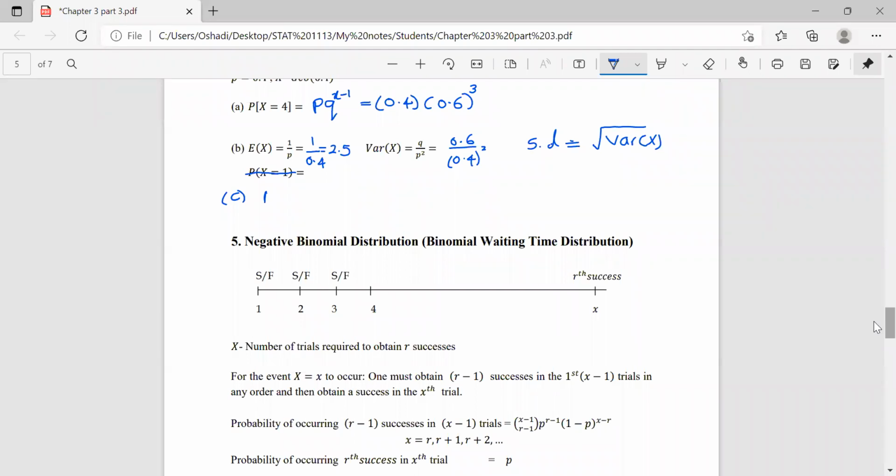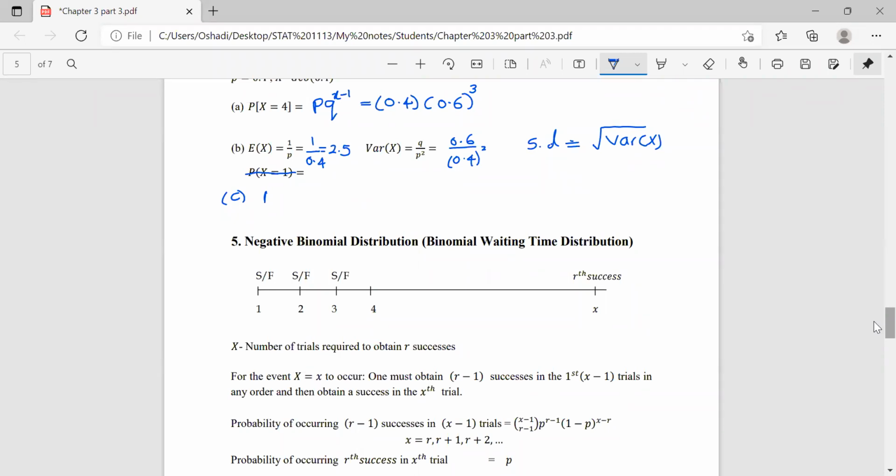Here we are concerned with the number of trials required to obtain r successes. So we want to count r successes, not the first success. How many trials are required to obtain the rth success?